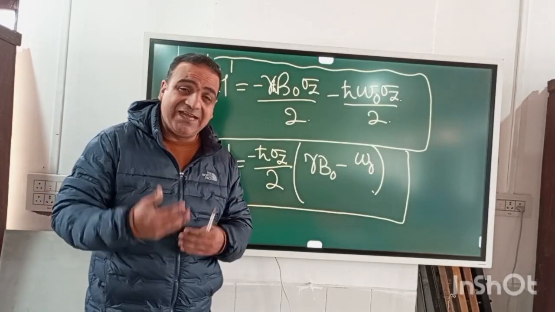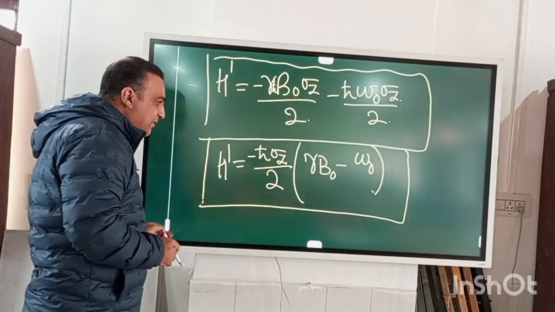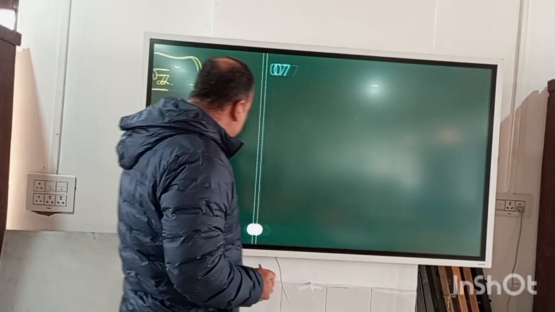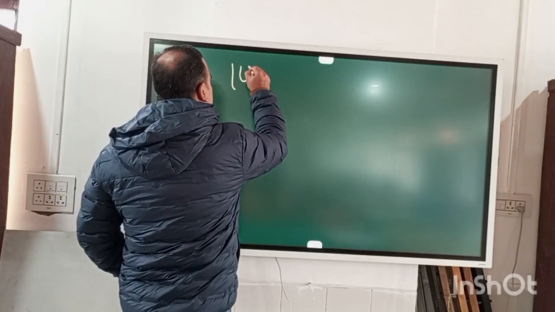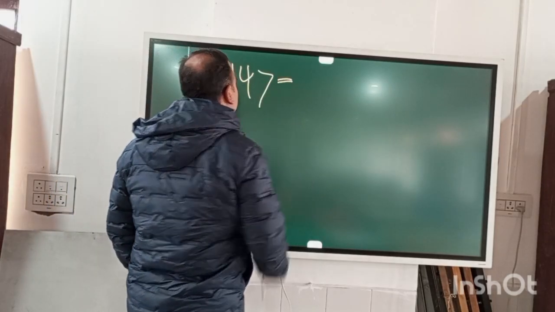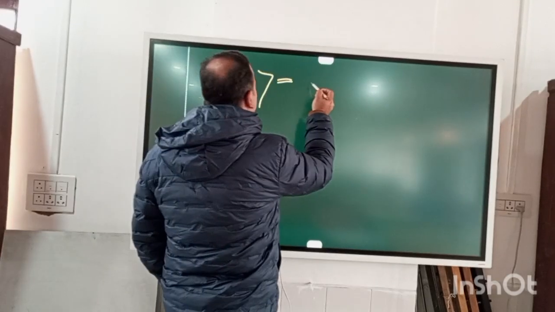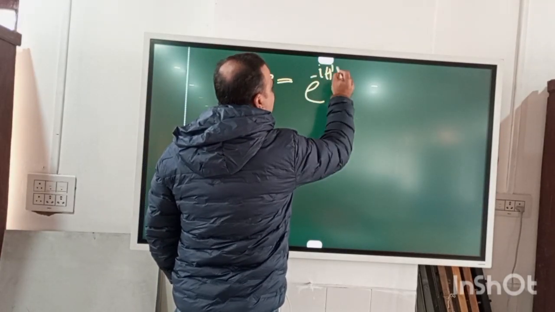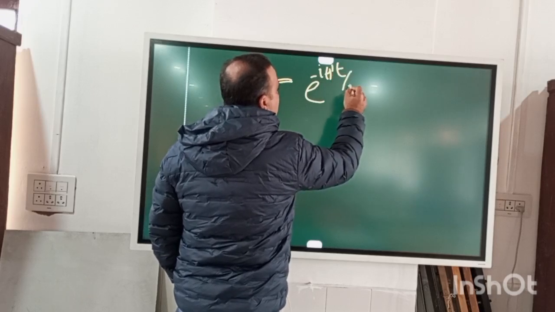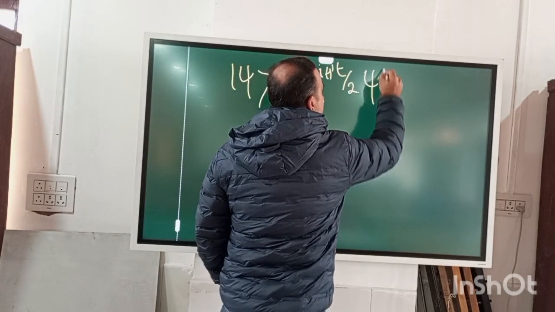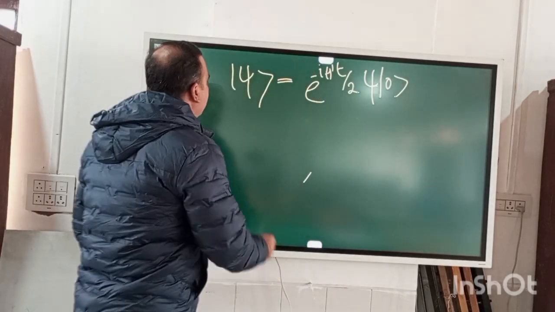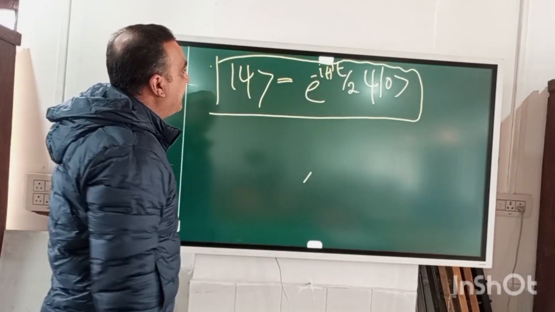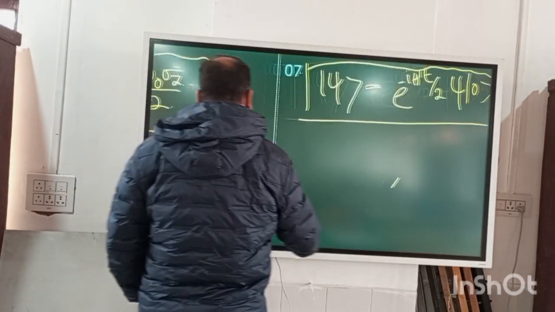And what we can do is use the time evolution operator. We can take a state psi, and this psi can be written as e to the power minus i h dash t by h bar, then psi of 0.